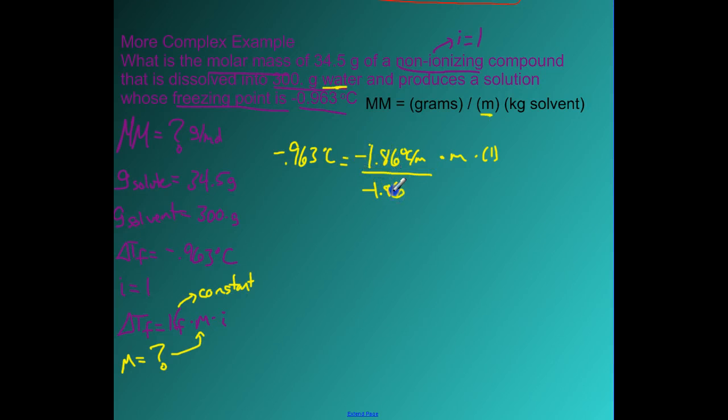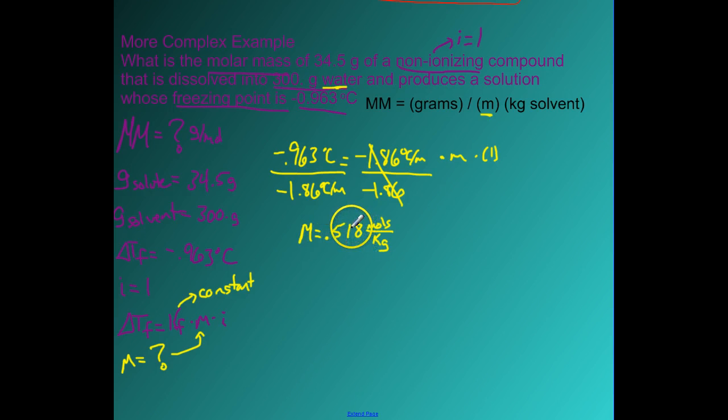That cancels. Divide here by negative 1.86 degrees Celsius per mole. And I can solve for my little m, molality, to be, typing it in our calculator, negative 0.963 divided by negative 1.86, 0.518. And that would be moles per kilogram because that's what molality is.